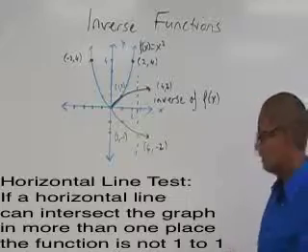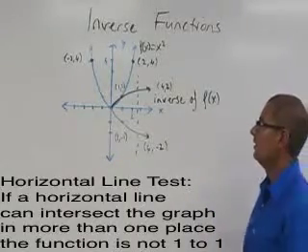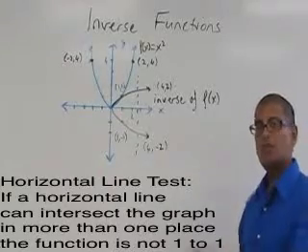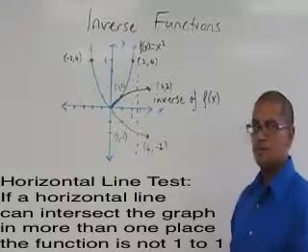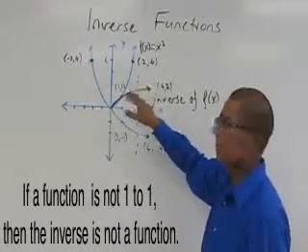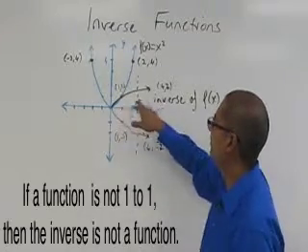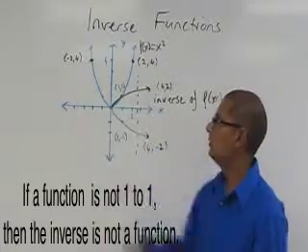So what determined that this inverse would not be a function? Well, there's a rule called the horizontal line test, or what we call one-to-one functions. If a function is not one-to-one, in other words, here, if I put in an input of 2, I get 4, and if I put in an input of negative 2, I get 4.